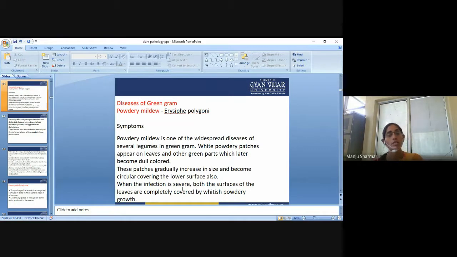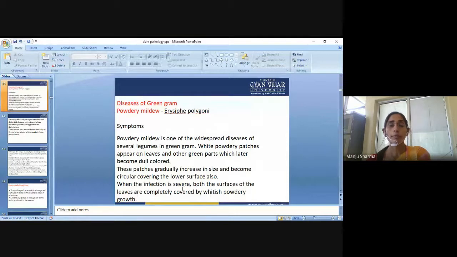Downy mildew disease is also there, but in downy mildew the spots on the leaves will be light yellow in color. For powdery mildew, a white powder-like structure will be there, and for downy mildew yellow spots will be there.